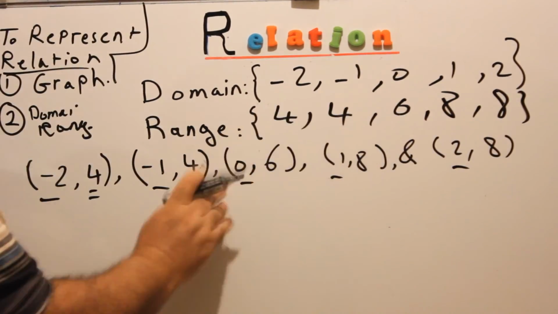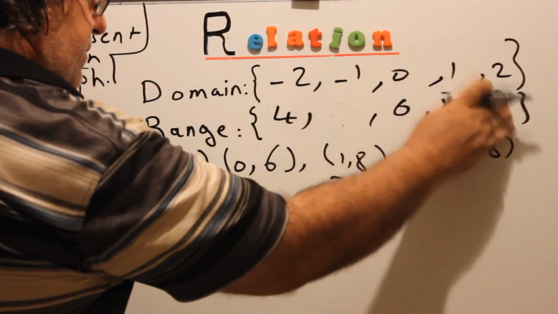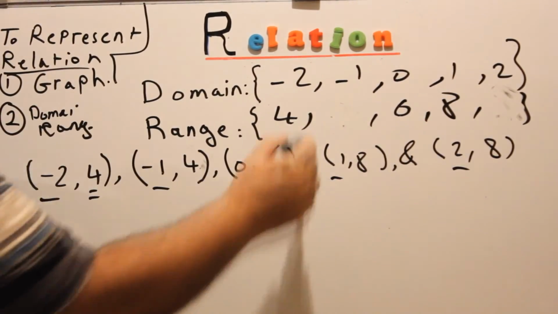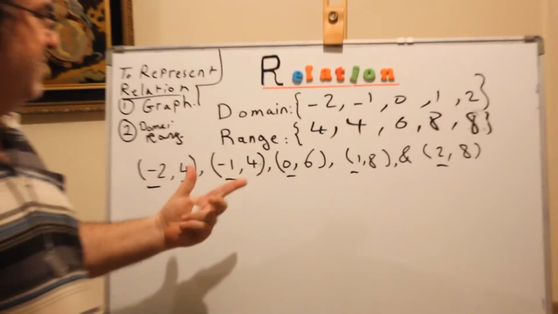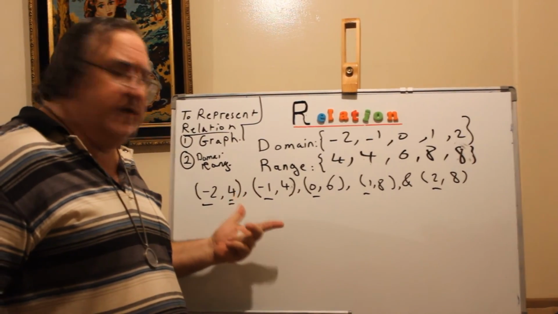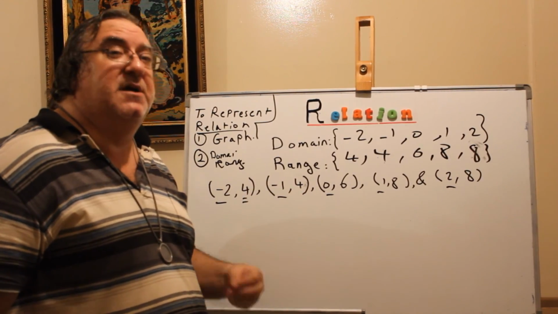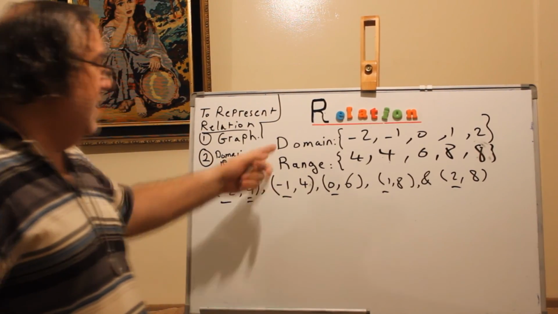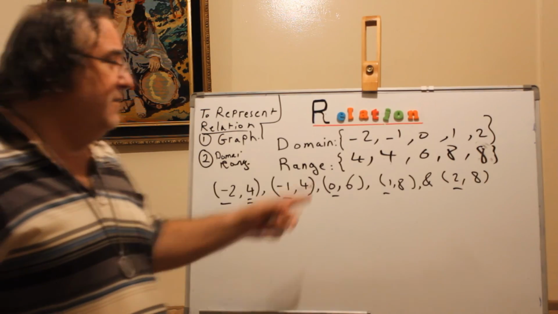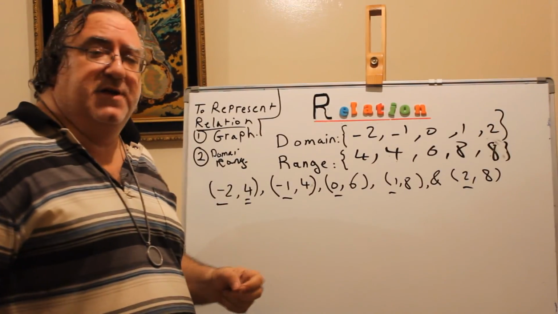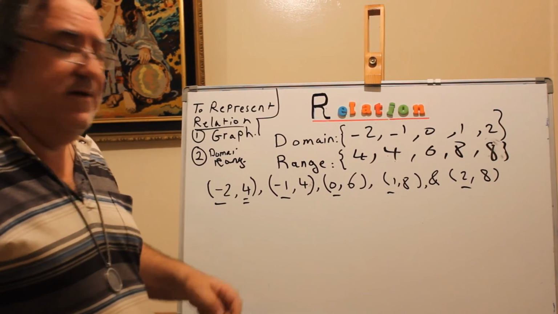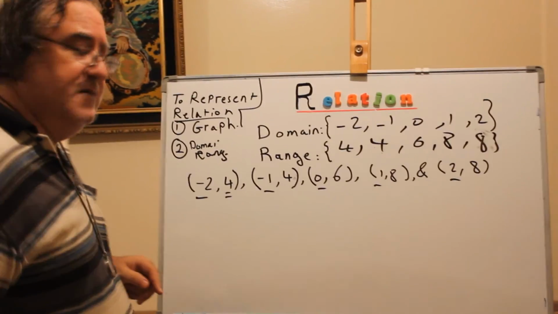Once you have this set, there is no need to repeat the numbers that are repeated, or you can keep them, it doesn't matter. So the range is the set of the second numbers of the ordered pairs, which are the y variables, and the domain is the set of the first numbers of the ordered pairs, which are the x variables. Now we have the third one, we'll talk about it next.